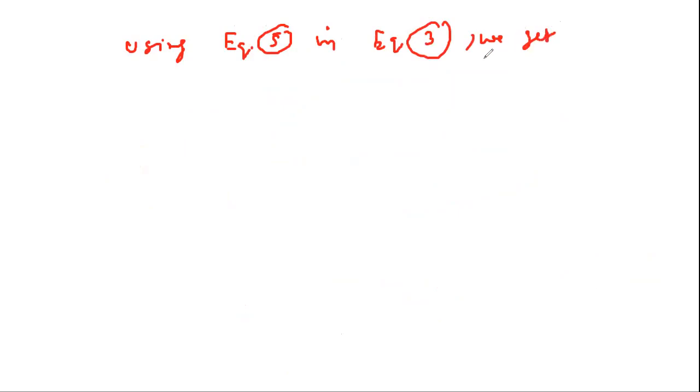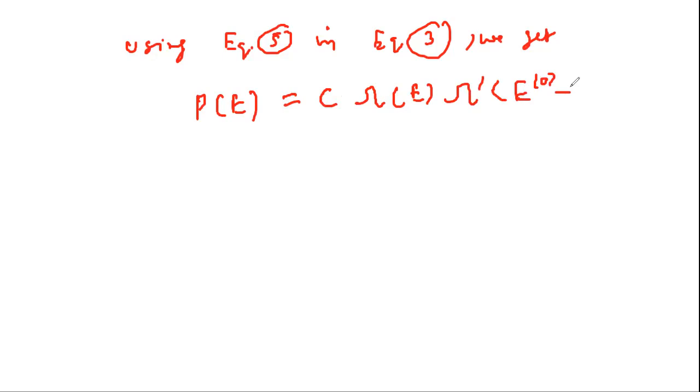We get P of E is a constant of proportionality times sigma of E times sigma prime of E naught minus E. Let me name it.